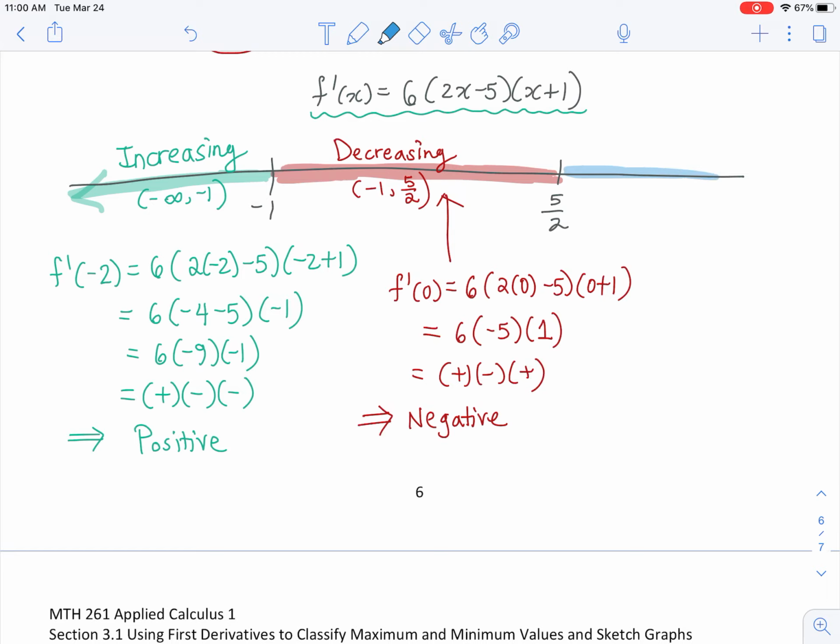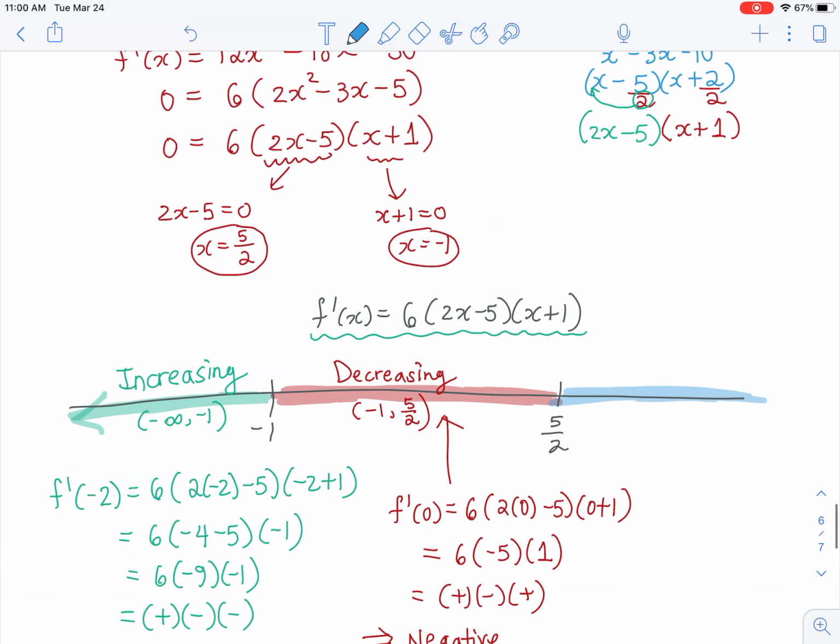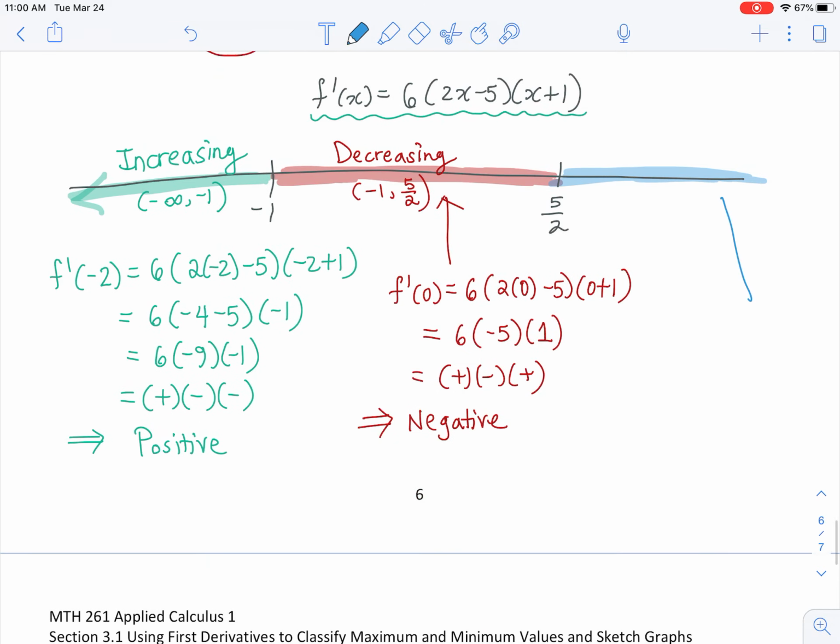Last interval. Let's do this one right here, all the way on the right side. What's a good number that we can plug in here? I'll just try to squeeze in the work here. Let's find f prime of 3. 3 is bigger than 5 over 2, so I'm going to plug 3 into the derivative: 6 times (2 times 3 minus 5) times (3 plus 1).